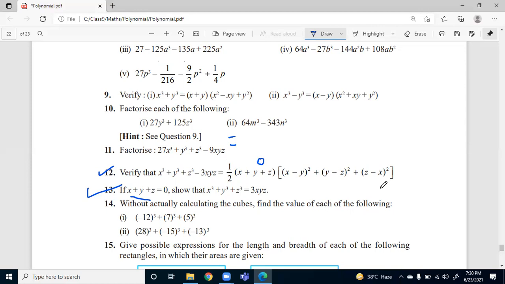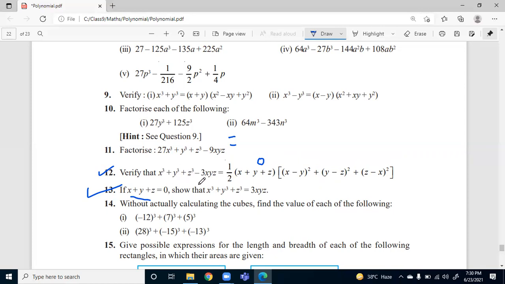If x plus y plus z becomes 0, then whatever is multiplied by 0, that whole right hand side will become 0. So if you pass minus 3xyz from the left hand side, it becomes plus 3xyz, isn't it?